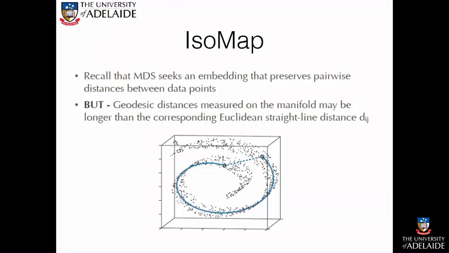So if we have such a data set and given these 2 points, if you use MDS, then the distance is the length of this straight line, right? But this straight line does not represent the true distance between these 2 data points. If we build a graph, a Laplacian graph, these 2 data points should not be connected.